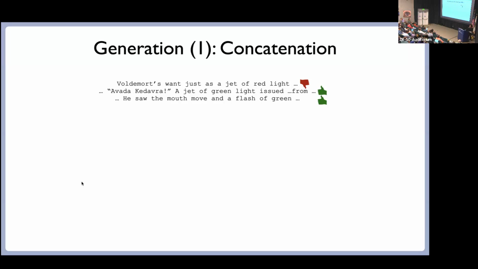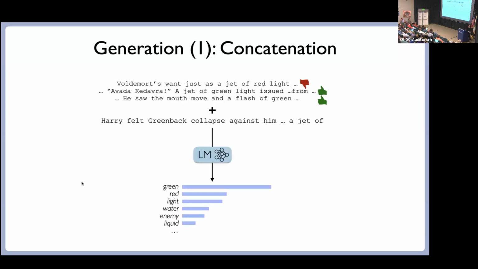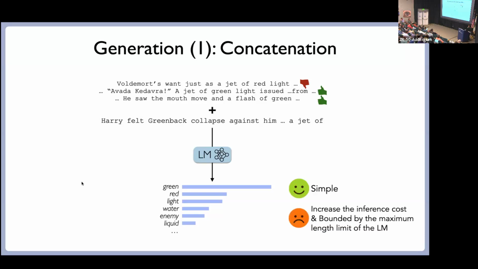There are 2 different ways of making use of multiple passages. One is concatenation. It's very straightforward. We have 3 passages. We concatenate them into a single piece of text together with a test input, and then consider it as a single input that we can feed into the language model. And again, the language model can take this input and make a probability distribution as an output. So again, it's very simple. You can use any black box API.